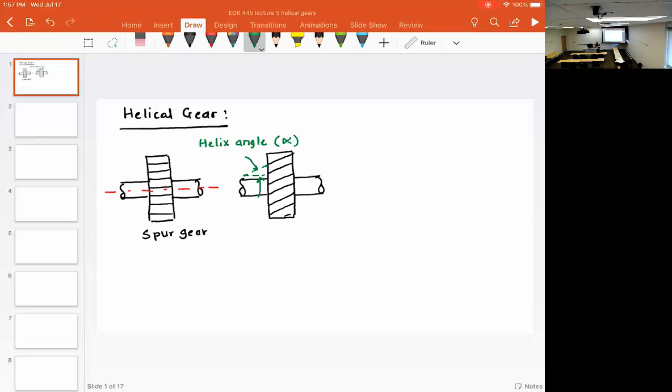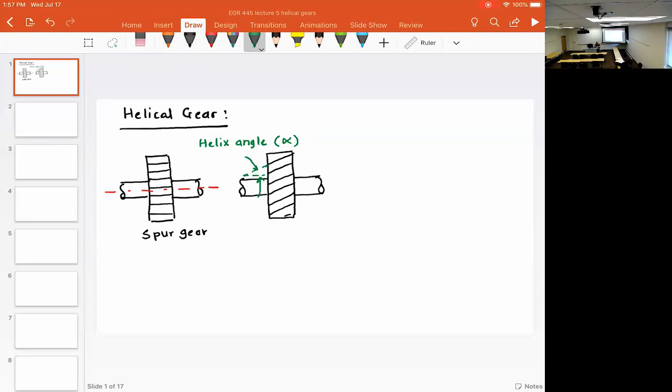And what is the advantage of the helical gear? As you can notice, since the helical gears are cut at an angle, the effective face width of the helical gear is more than the spur gear. In other words, a helical gear of the same size would be able to carry more load compared to the spur gear.